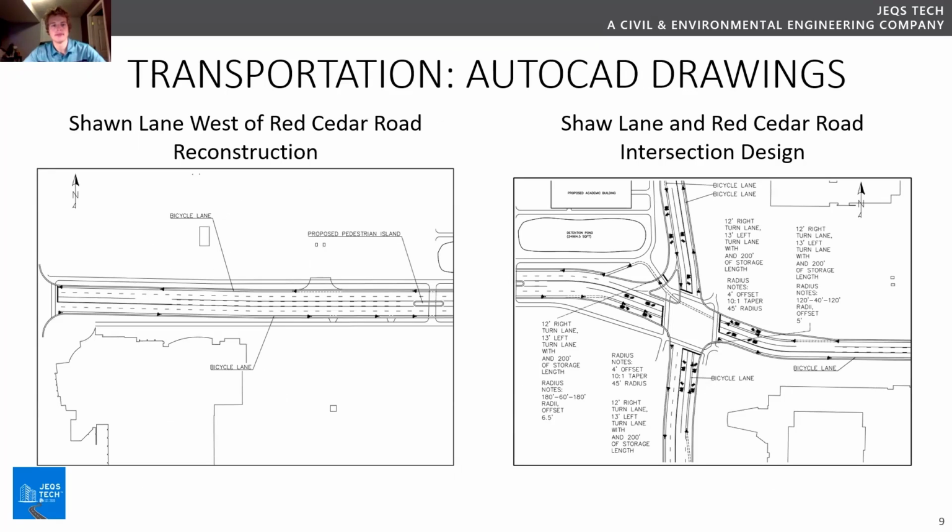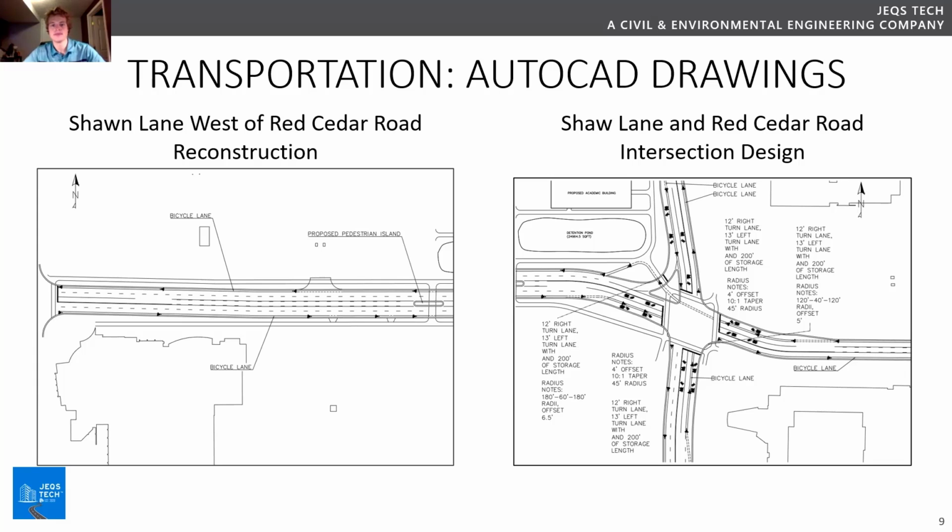So here we go. As you can see on the left figure, we have expanded to include all of Chestnut Road and included bicycle lanes and a proposed pedestrian island. This proposed pedestrian island is for pedestrian safety, as it is a pretty wide roadway.